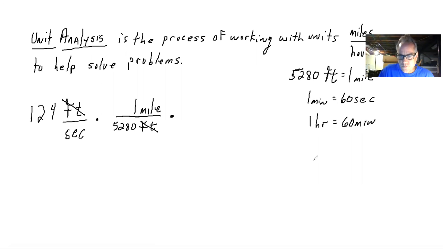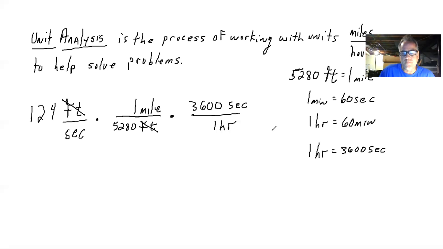So also then equivalently, for 1 hour in terms of seconds, 60 times 60 is 3,600. So 3,600 seconds is equivalent to 1 hour. And then the seconds cancel. But notice what it leaves me with: miles over, which again is per, miles per hour.